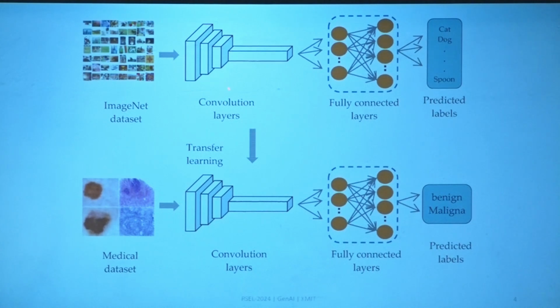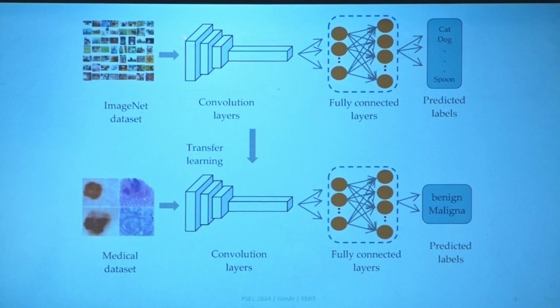So what we are doing is, these convolution layers are for feature extraction and the fully connected layers perform the actual task-specific work, whether it is classification, image generation, image caption generation, or something else. So these convolution layers which have been trained on the image data set can be used for another data set, the medical data set, with a suitable fully connected layer for this medical data set, which can be used for predicting one of two classes, malignant and benign.